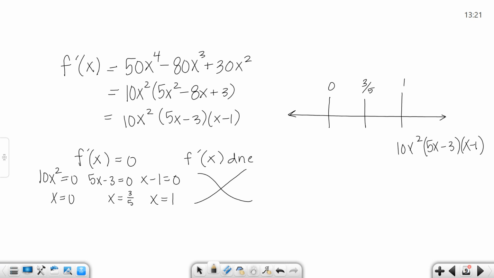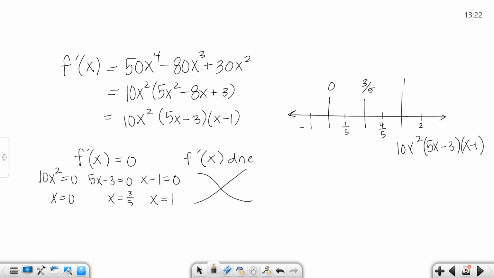This one was just a little bit easier for me. So a number that I might have over here, I might choose -1. In between 0 and 3/5, I might choose 1/5. In between 3/5 and 1, I might choose 4/5. And in between 1 and infinity, I might choose 2.